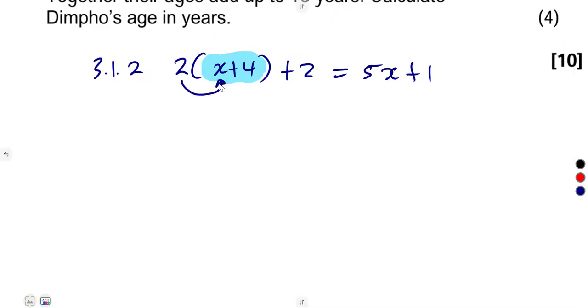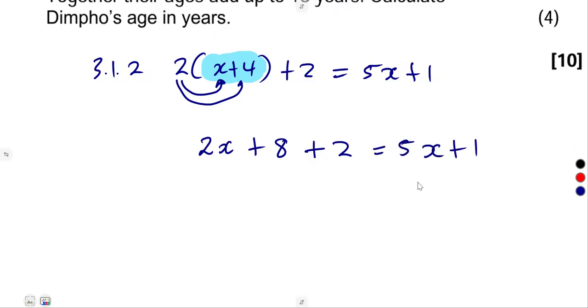The number that is outside of the bracket. So that's 2 times x, which is 2x. 2 times 4, which is positive 8. We are done. The number that is in contact with the bracket, the 2, is to be added after that. So we add the 2 as it was. So this is equal to the right-hand side, 5x plus 1.